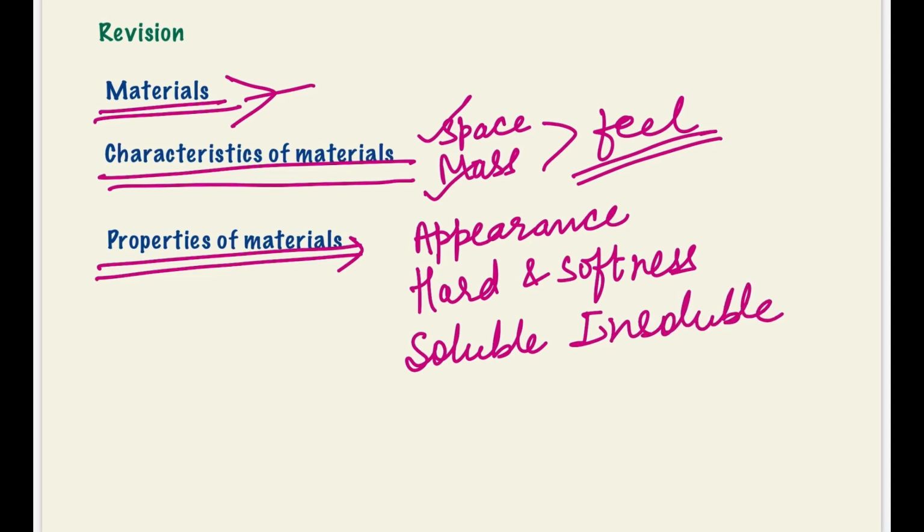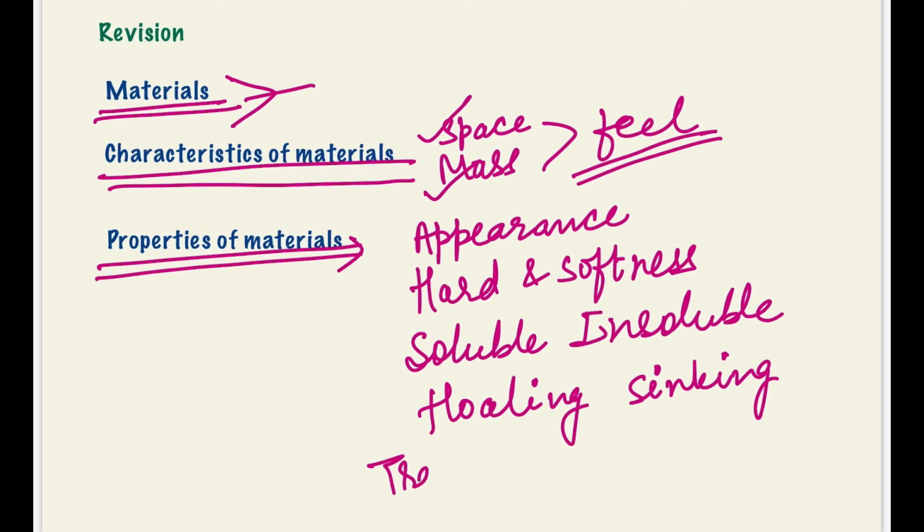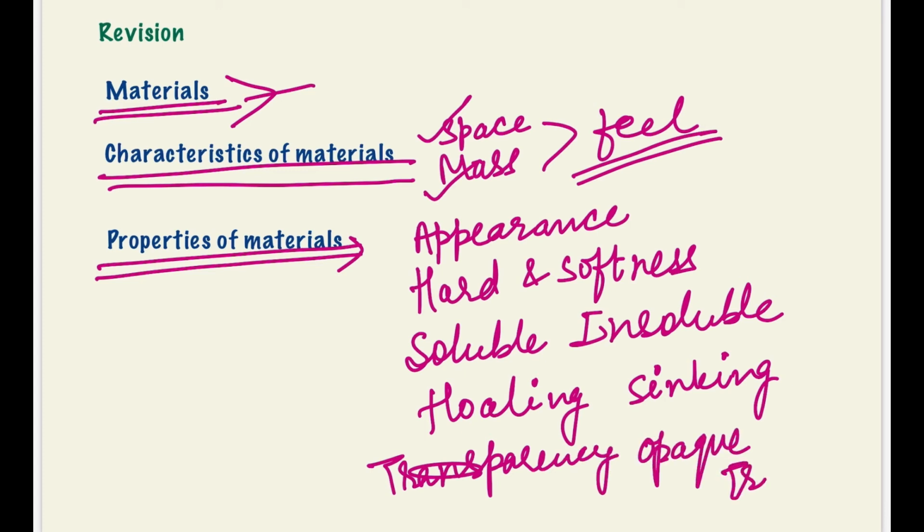Next was floating and sinking. And one more was there, transparency, opaqueness and translucency. So these were the properties of materials.